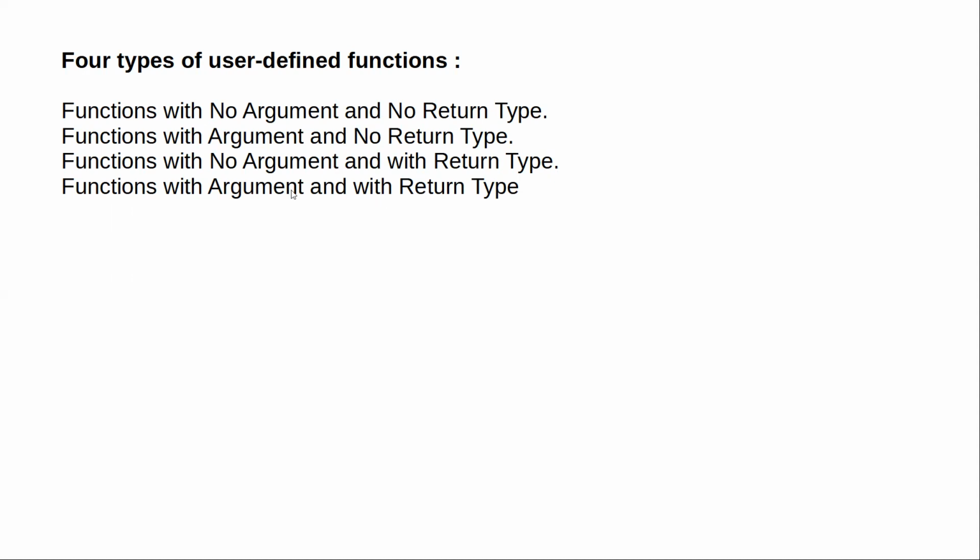So it has both incoming and outgoing values. Typically, there are some functions which do not accept any input and also do not return any value. Some functions accept some input but do not give any return value. But some functions will not accept any values but return a value. So there are 4 different permutations and combinations: input, either you give or not; output, either you get or not.